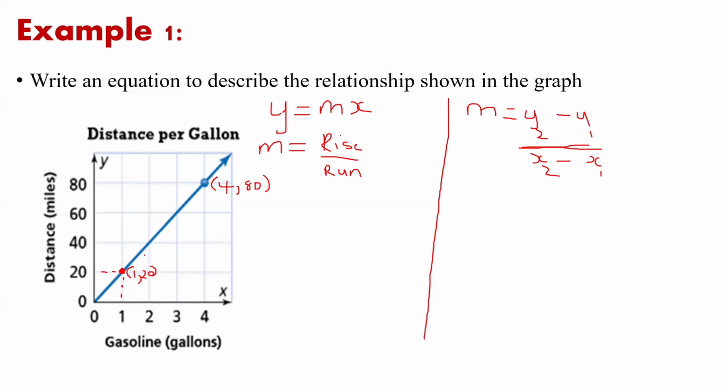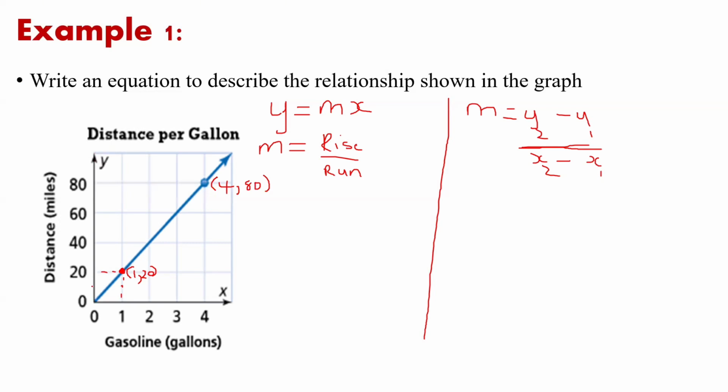But before you can use rise over run, you need to know how to read the scale on the graph. You need to know how to read the scale on the y-axis and the scale on the x-axis. You need to know by how many units it's going up, or by how many units you're going on the x-axis. If you look at the y-axis, one side of the square is 20 units.